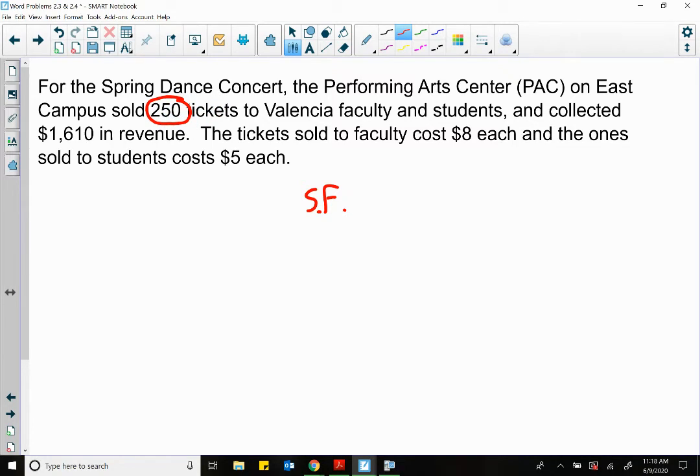Okay? Tickets, people are the same thing. And then my other total is right here. They collected this amount of money. So I know that I have $1,610, and I have another equation equal to 250.